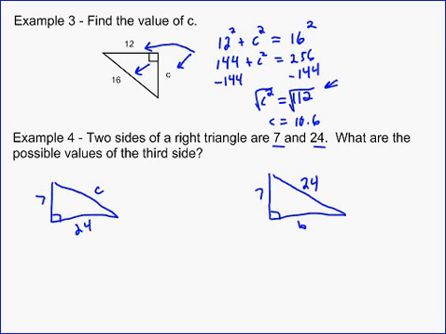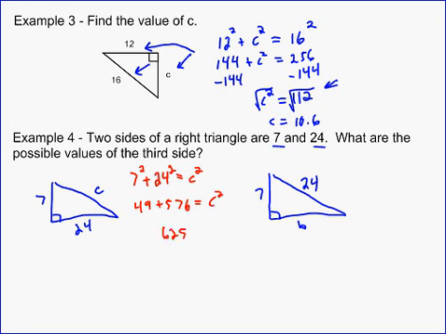We know 7 has to be a leg because the longest side is always the hypotenuse, and 24 is longer than 7. But we don't know what 24 is. So we've got to do two different problems. So the first one, 7 squared plus 24 squared equals c squared. And so that's going to give you 49 plus 576 equals c squared. 49 plus 576 is 625.